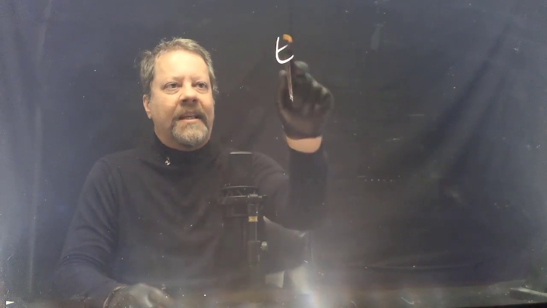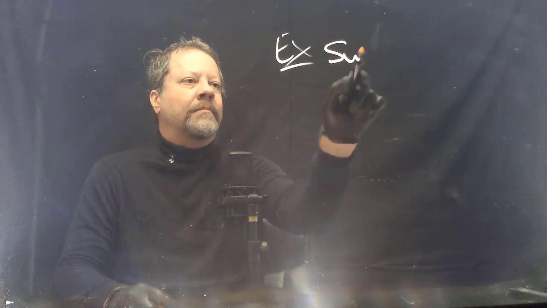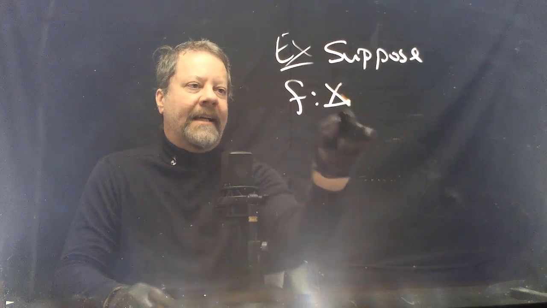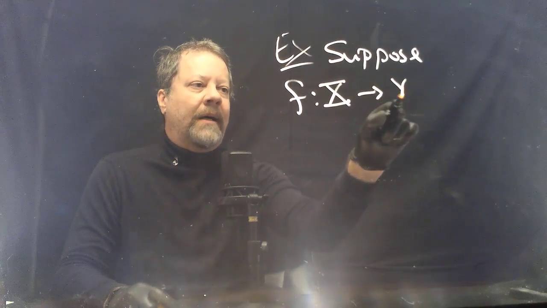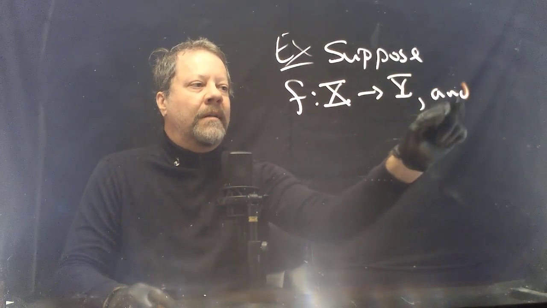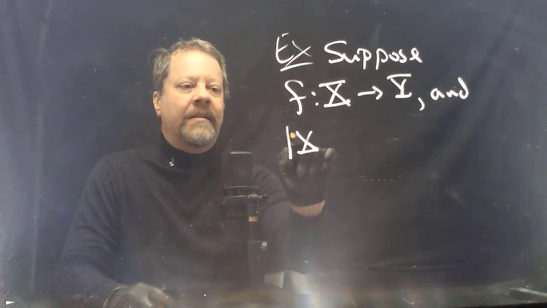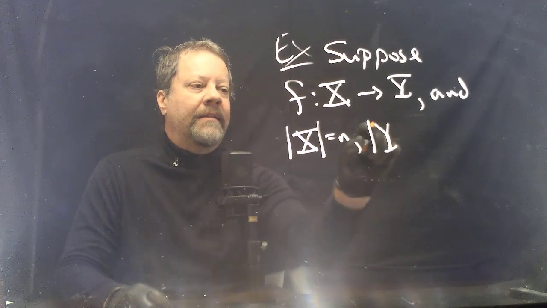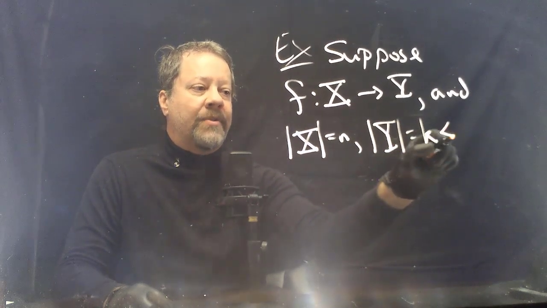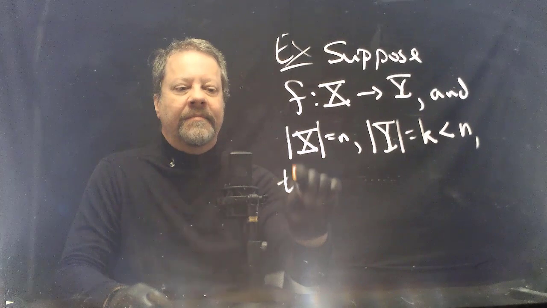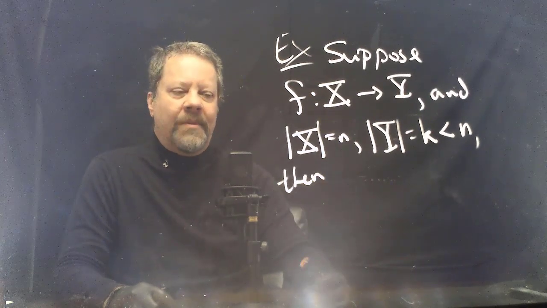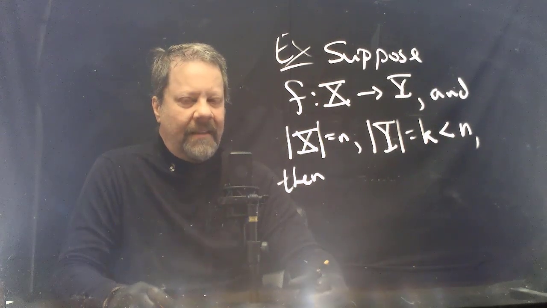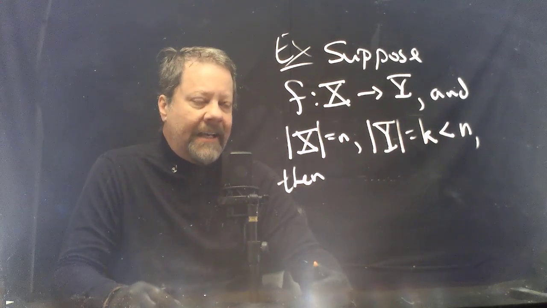Here's another example. Suppose f is a function mapping a set x into a set y, and the cardinality of x is n, but the cardinality of y is k strictly less than n. So basically you have n pigeons but k holes, and k is less than n. Then some of these holes are going to have to be doubled up.